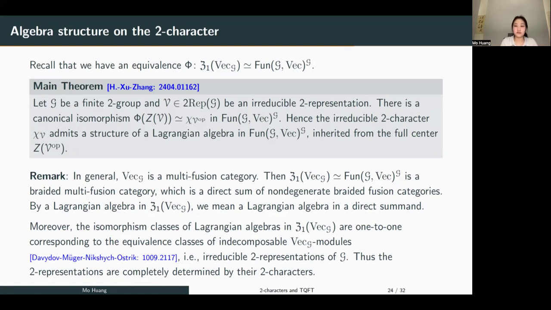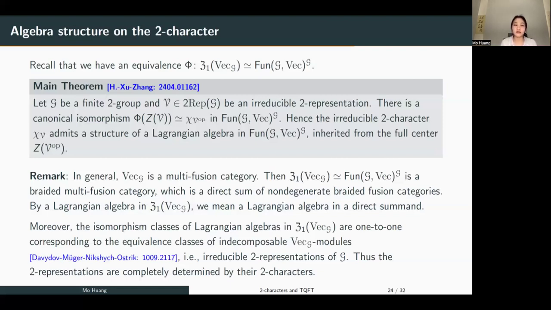And here's a remark that in general, Vec_G is a multifusion category. Then the Drinfeld center of Vec_G, equivalent to this G-equivariantization, is a braided multifusion category, which is the direct sum of non-degenerate braided fusion categories. By a Lagrangian algebra in the Drinfeld center of Vec_G, we mean a Lagrangian algebra in a direct summand.